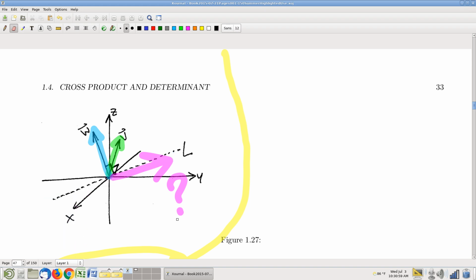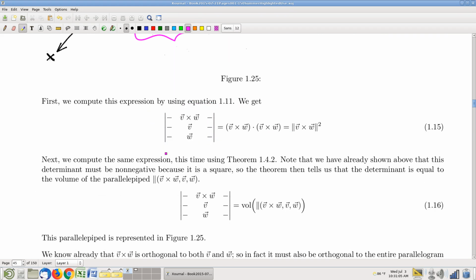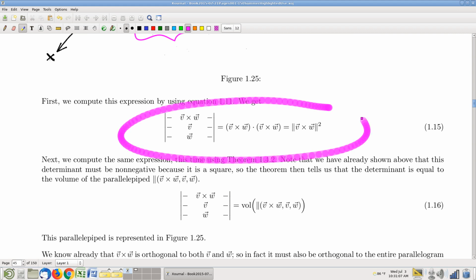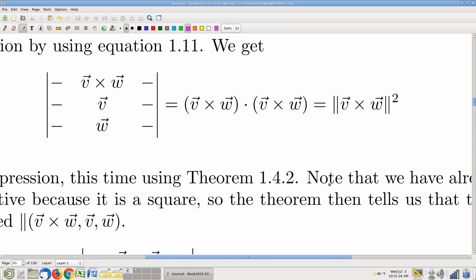Well, there's a great way to answer this question, which comes about by looking at this equation right here. Notice that this is positive. Well, it's not negative.